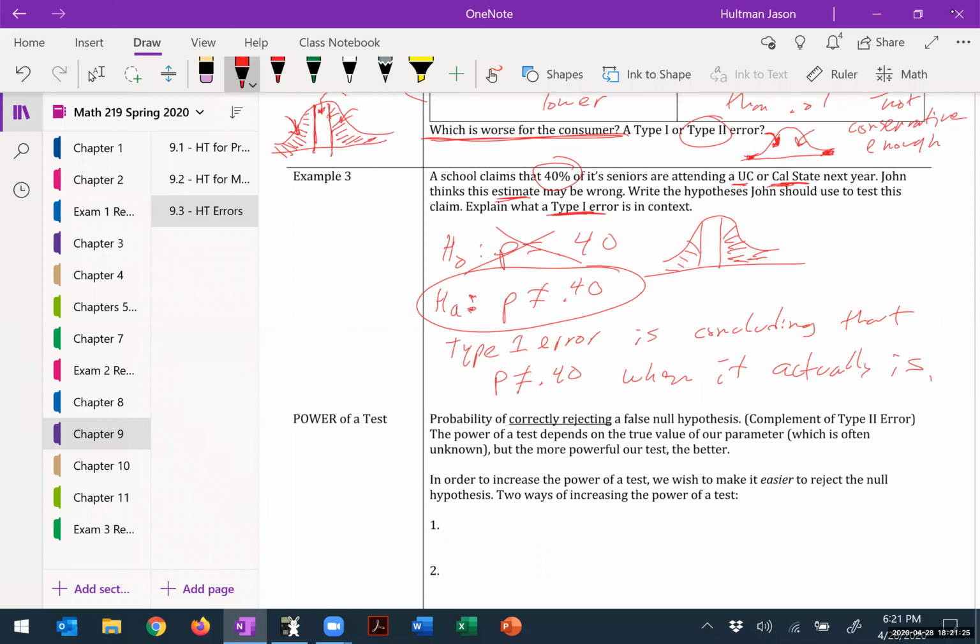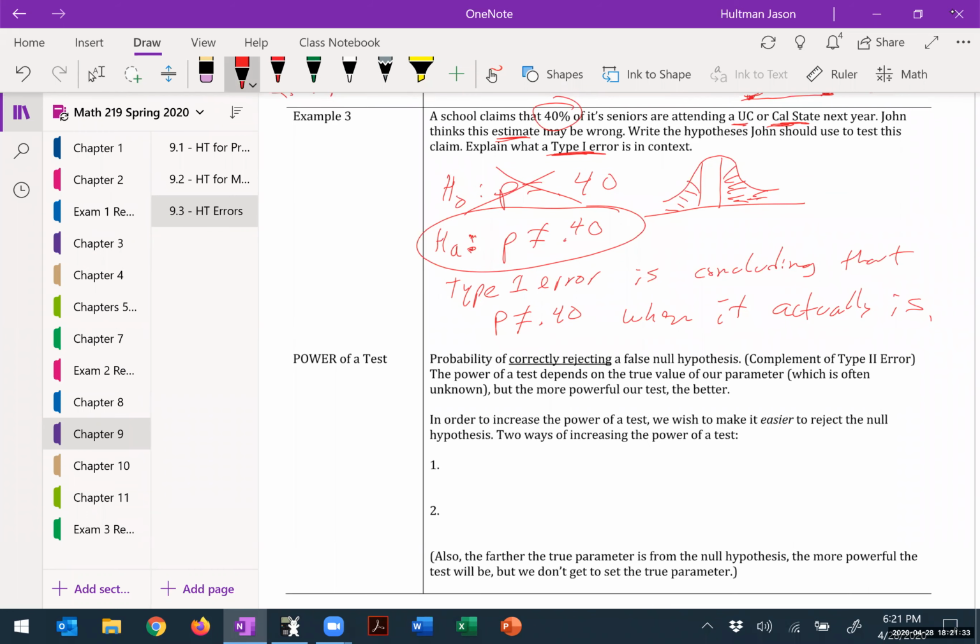Okay, type 2 error would be the opposite. Okay, power of a test. This is the probability of correctly rejecting a false null hypothesis. This is the probability of getting it right, that we correctly reject it, that we don't have a type 1 error.